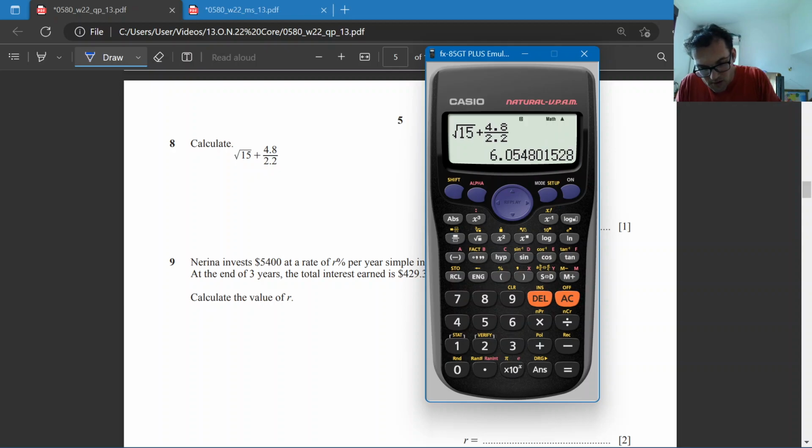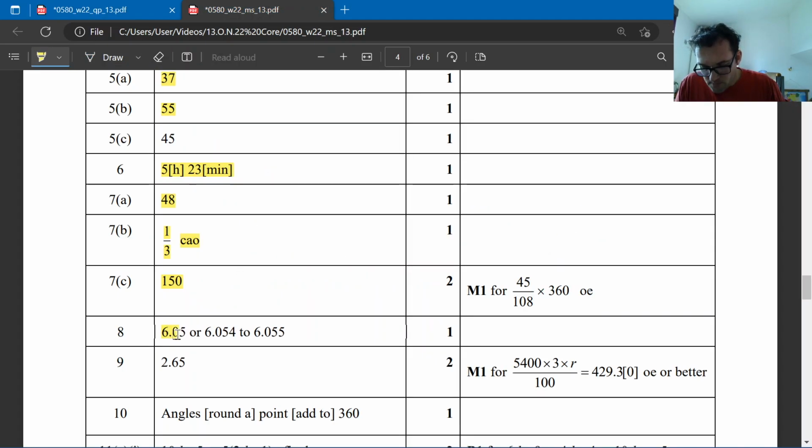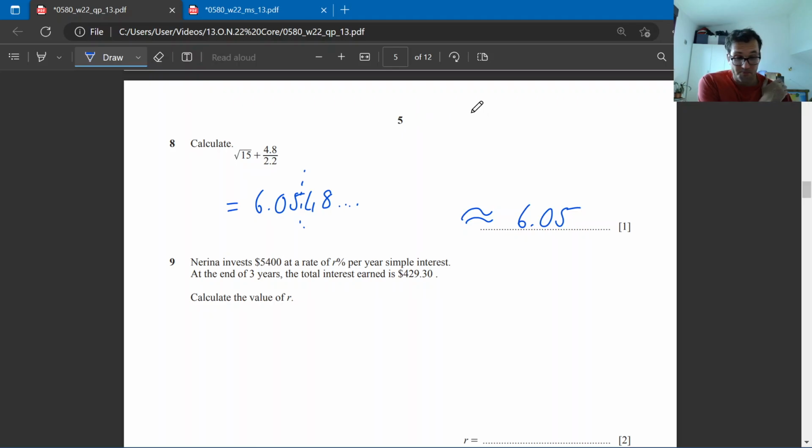Okay, let's write it 6.0548 etc. If you want to round it, 3 significant figures, 6.05. Okay, looking at the mark scheme, 6.05, okay, but if you write the unrounded answer on the line, you also get your mark.